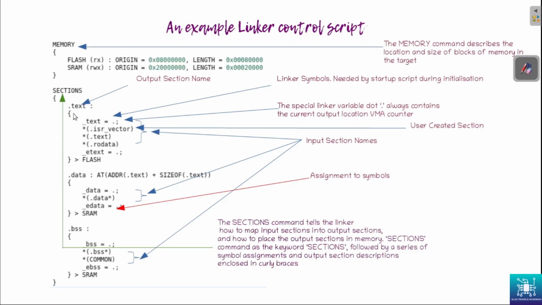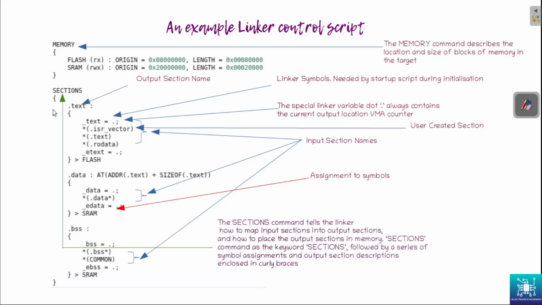So dot text is the name of the section, that is the output section. So we spoke of dot text section. Now the dot text section is the output text section. That is, these are the input sections that should be going and sitting into the output object file dot text section.